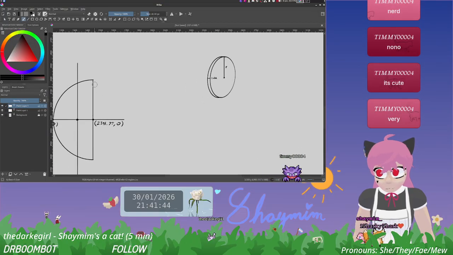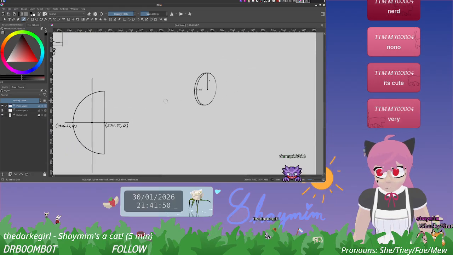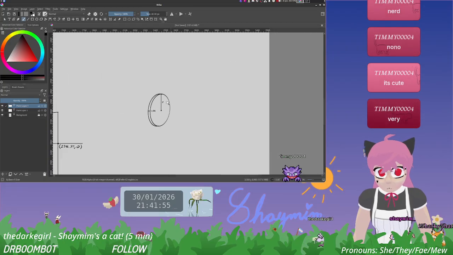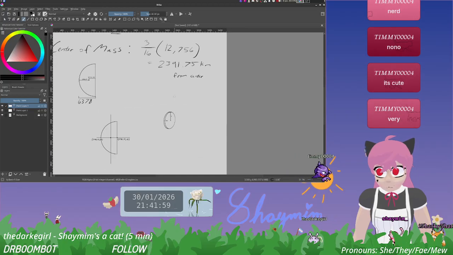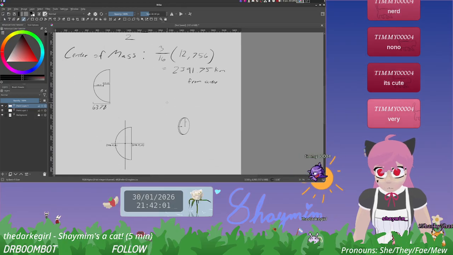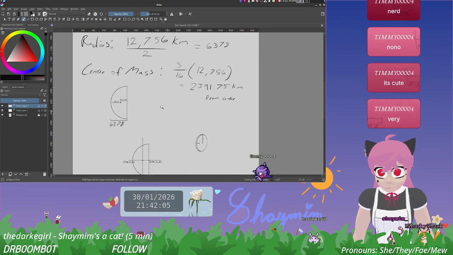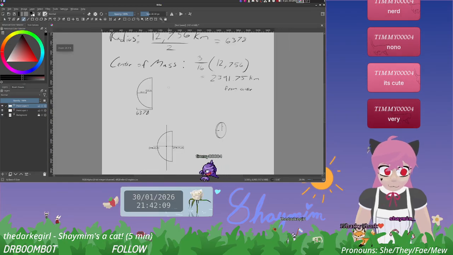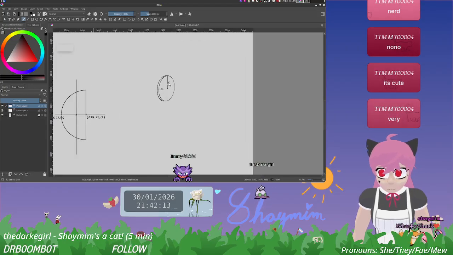So, in fact, the mass of... Golly. I need to find out the mass of this disk, right?